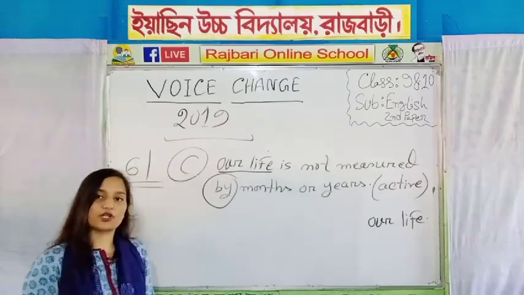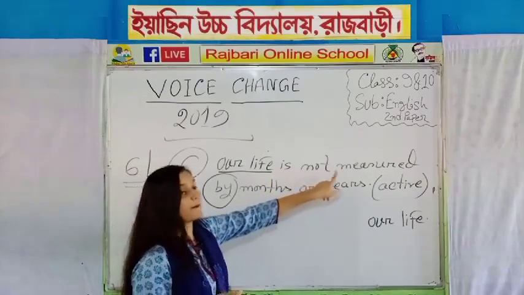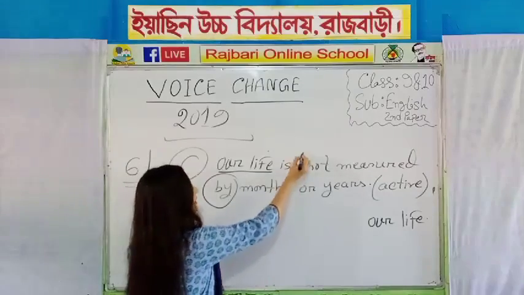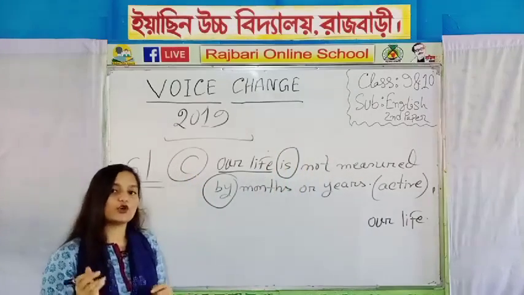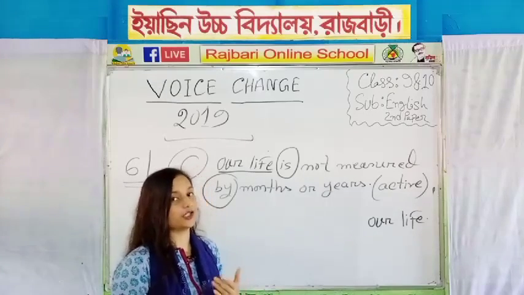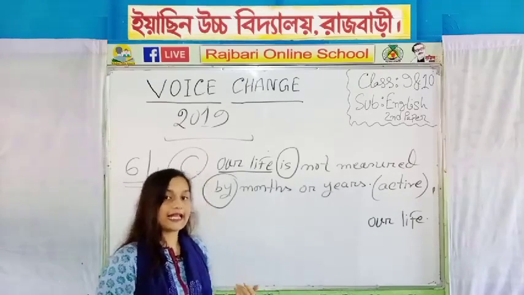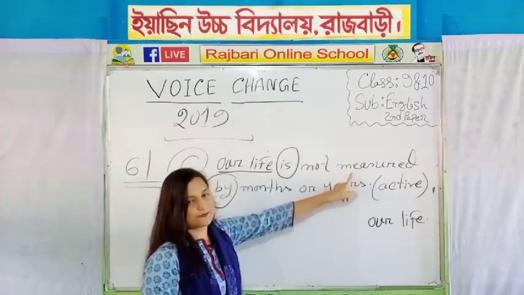Now the second step was to identify the tense. Now, is not measured. Here the auxiliary verb is, and we know that for present indefinite tense we bring the auxiliary verb am, is, are. That means this sentence is in present indefinite tense, right?